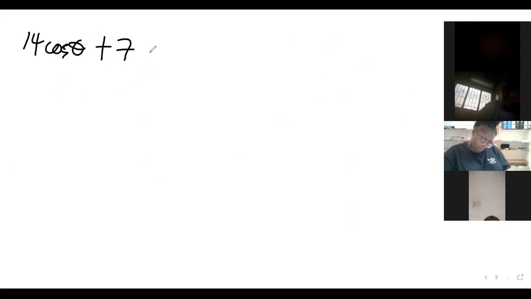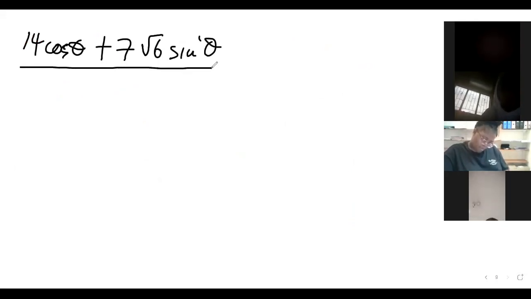Opposite over hypotenuse is sine, adjacent over hypotenuse is your cos. Then the next question says 14 cos theta plus 7 root 6 sine theta, all over cos of negative 240 times tan 225.